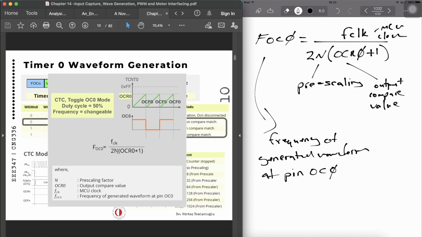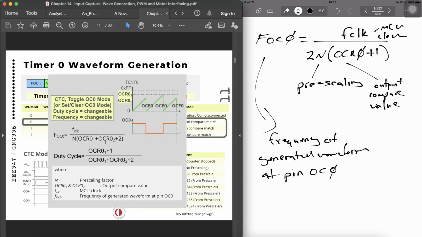If you want to do this for variable frequencies and duty cycles, because this is generated for 50% duty cycle, so we have 50% high, 50% low, but the frequency is changeable. But you can also have a configurable duty cycle as well. We just need to reconfigure the duty cycle operations and the formula. So at this point, the formula is rewritten with the OCR0 first value and the second value plus 2.